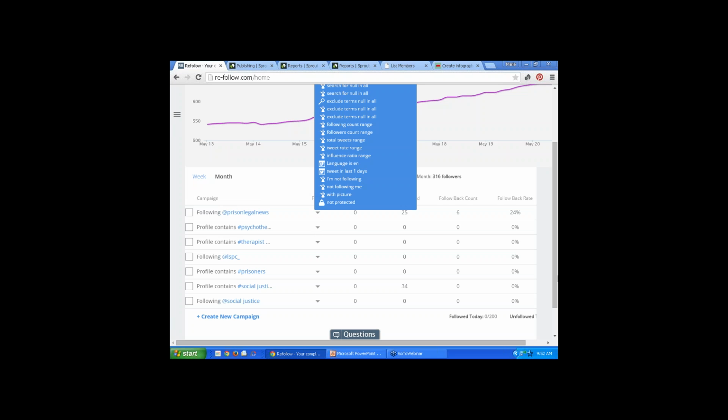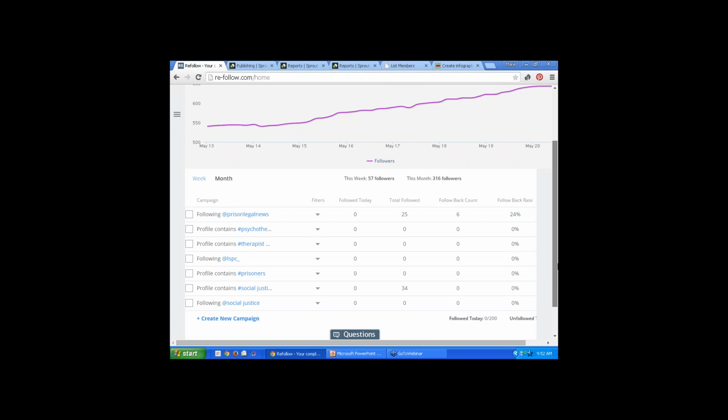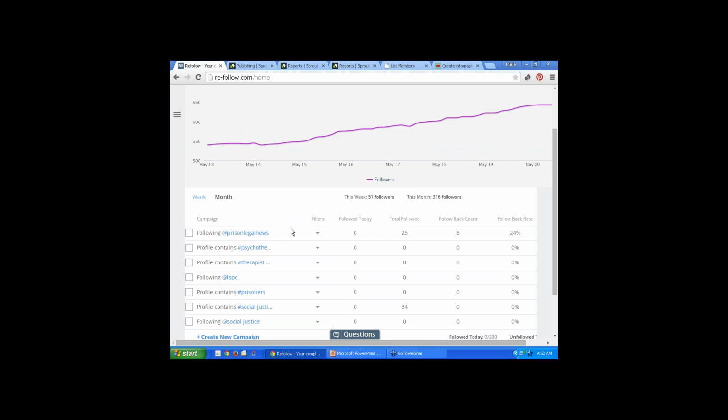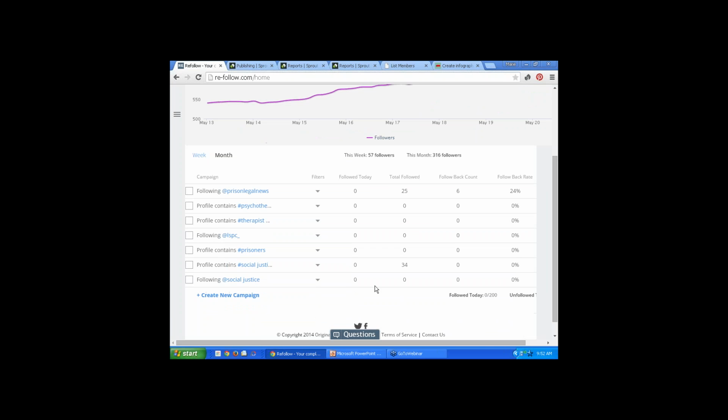We want to be using a different tool for some of the other things. But essentially you can see here we put together a basic thought pattern of how many followers, do they speak English, making sure they have a picture, that sort of stuff. And then we followed a sample to see who was there. We have a high affinity with Prison Legal News.